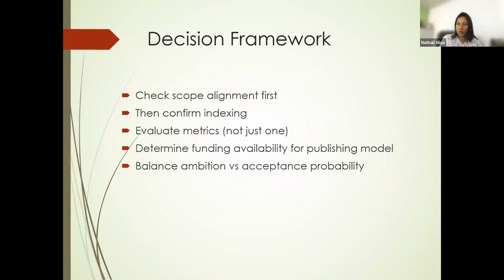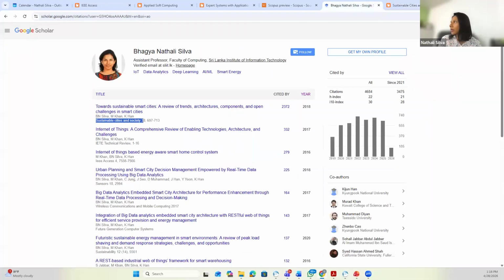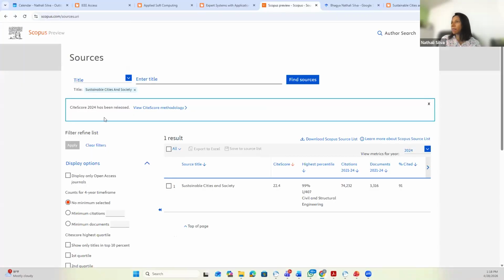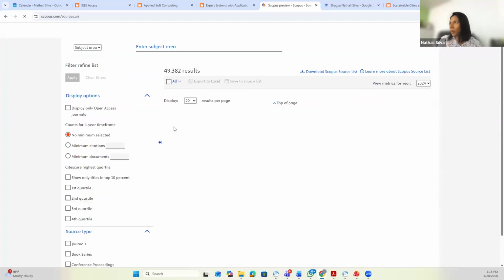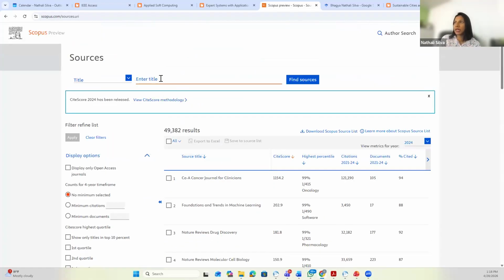Go to the Scopus page and search the title here, and then make sure whether it's coming under Scopus.